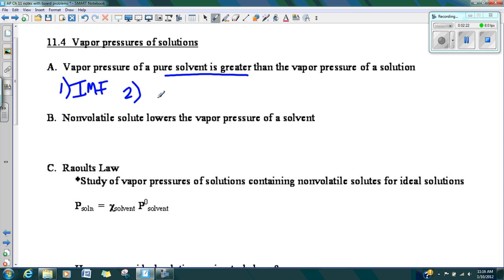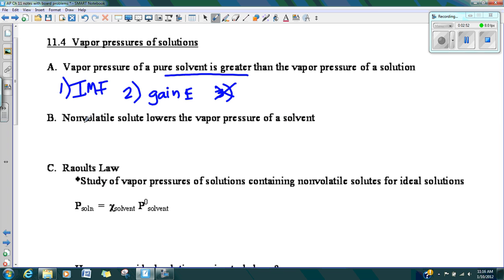The second thing that we have to overcome is that we have to make sure that we can gain enough energy to escape the solvent. So you need to gain that energy. Think of your water bottle again. That water molecule that's in the liquid phase is not going to gain enough energy to get into the gaseous phase. So we have to be able to gain that energy. I guess I only had 2 points. I'm sorry. So those are the 2 points that we need to talk about.